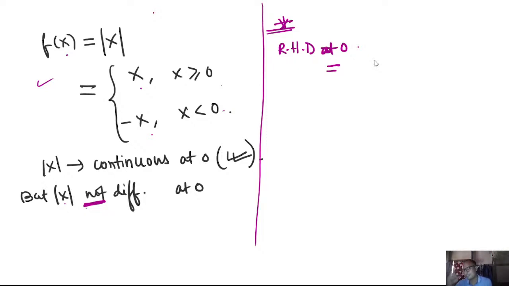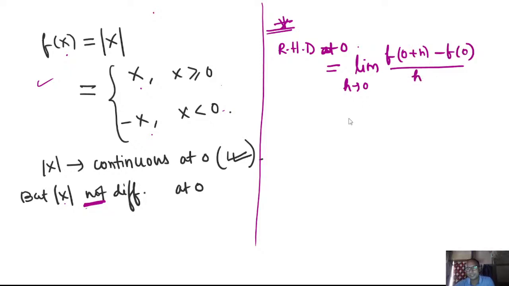By definition, the right hand derivative is the limit as h tends to 0 of f of 0 plus h minus f of 0, divided by h.